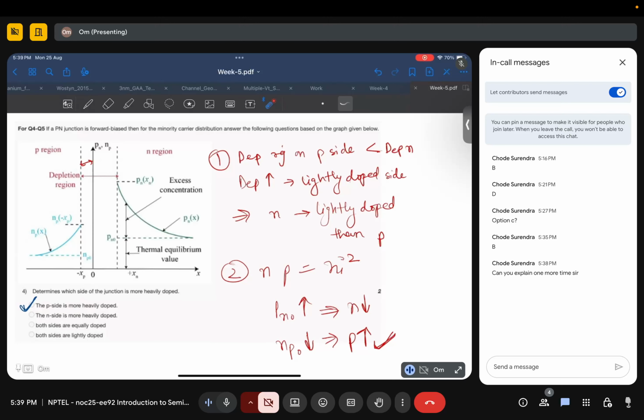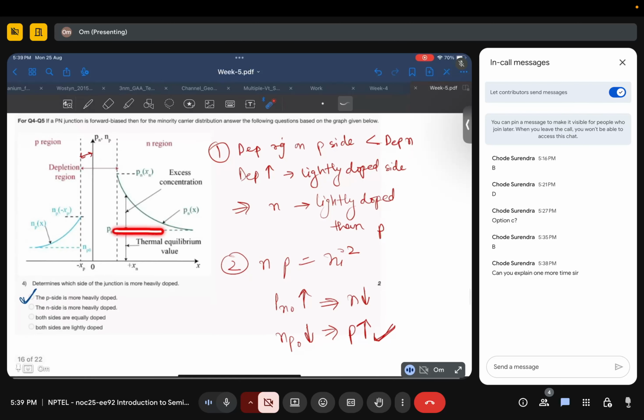One more observation we can make is you see these thermal equilibrium values of Pn0 and Np0, right? So Pn0, this is the minority in N region. This is the minority in P region. And we know that Np is Ni square, right? So if Pn0 is higher, that will mean N will be lower, right? Because N will be Ni square by Pn0.